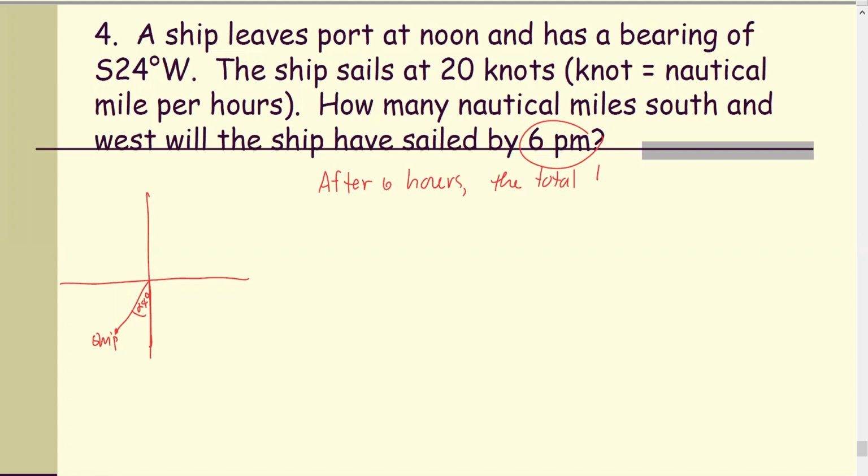After 6 hours, the total distance would be 20 multiplied by 6, or 120 miles. We are going to find how many nautical miles south and how many nautical miles west.